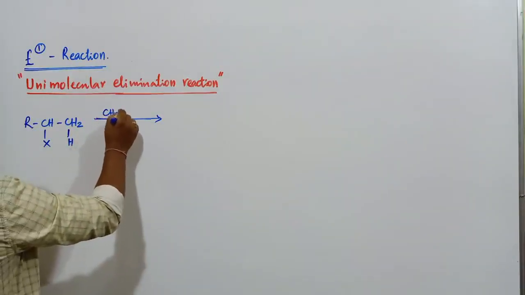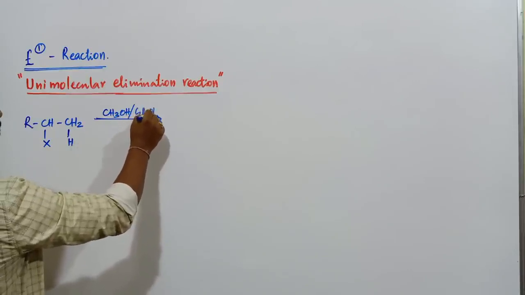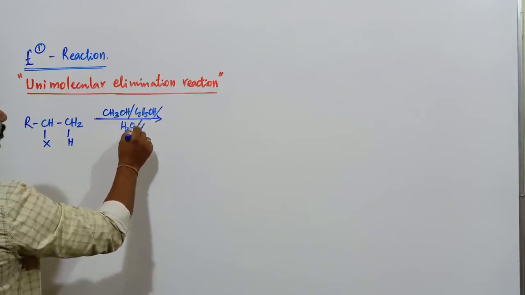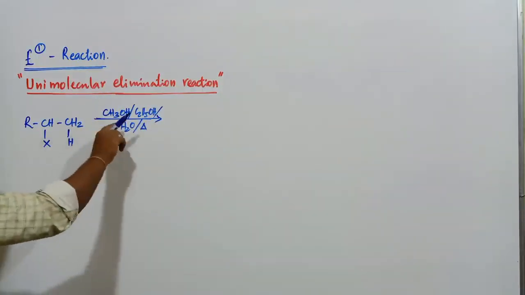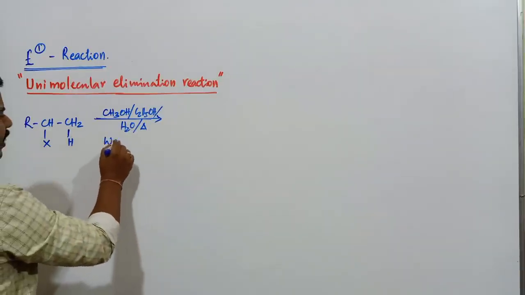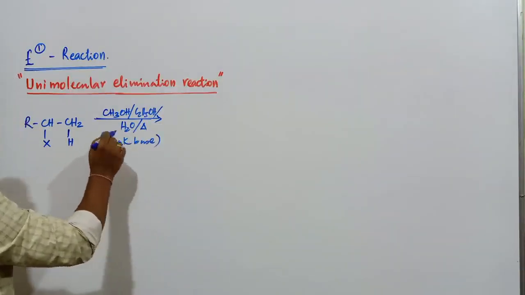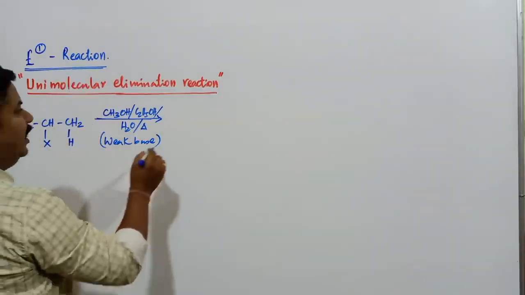Either it may be CH3OH, or C2H5OH, or even water followed by heating. If we carry out this reaction in the presence of a weak base, elimination reaction takes place, and that elimination is commonly called E1, the unimolecular elimination reaction.